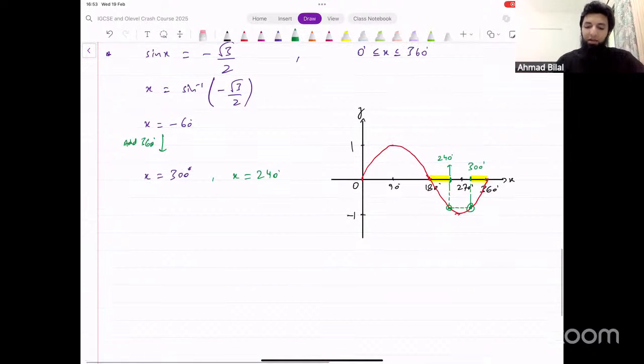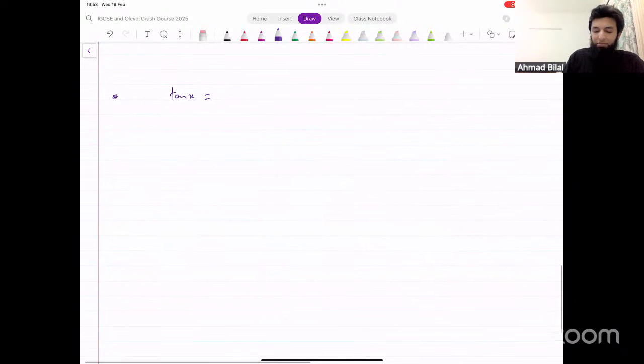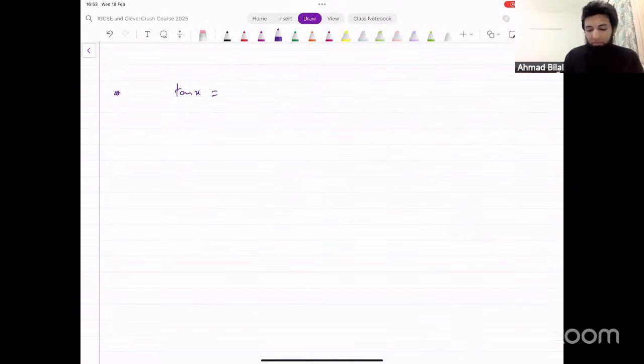All right. Okay, now let's look at tan. What if you have an equation in tan? Let's say you have tan of x equal to, let's say, square root of 3.